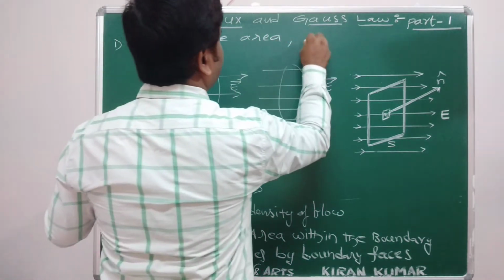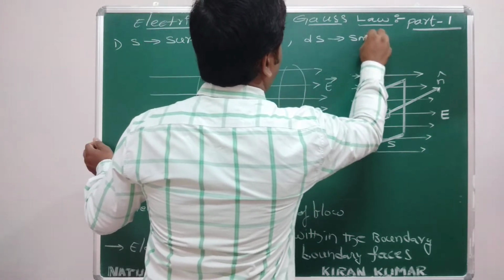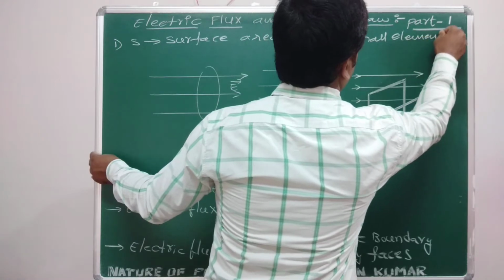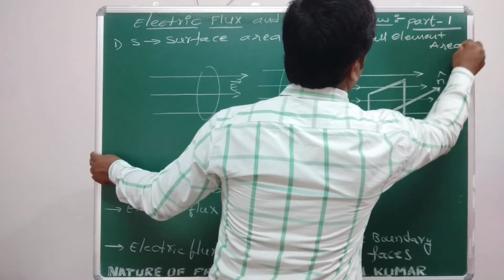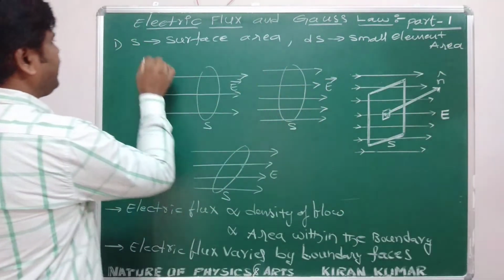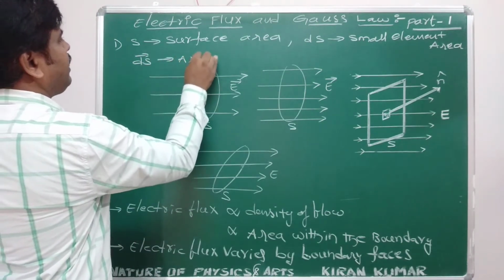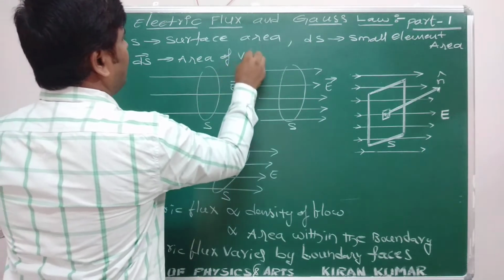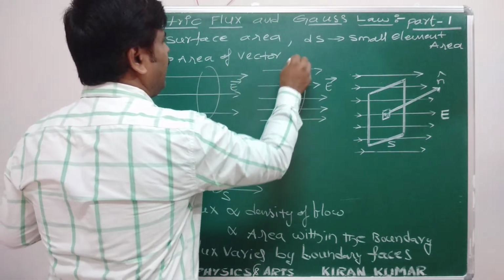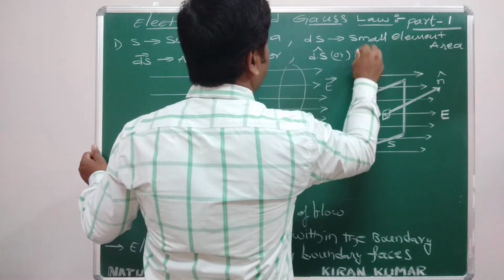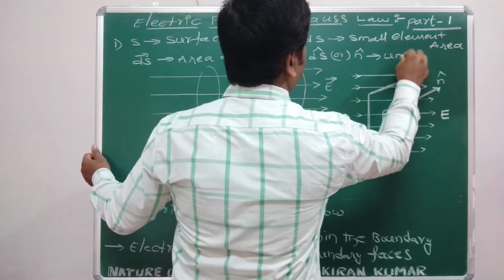And ds is the small element area. Next one is ds bar, the area vector, and ds cap, or we can take n cap, the unit vector.